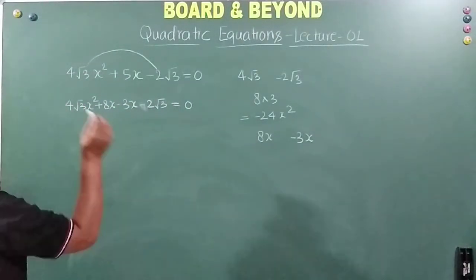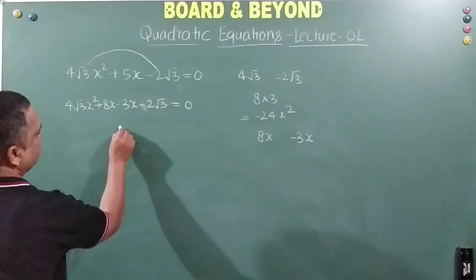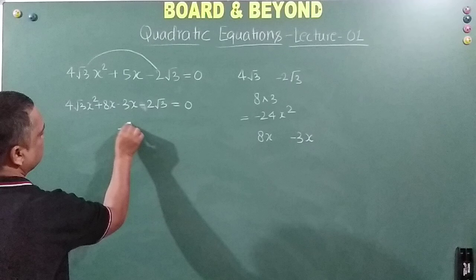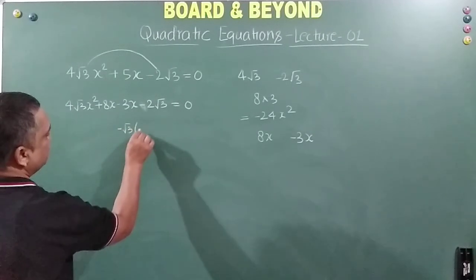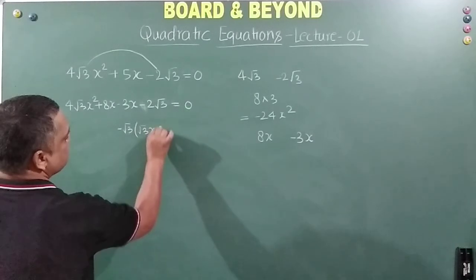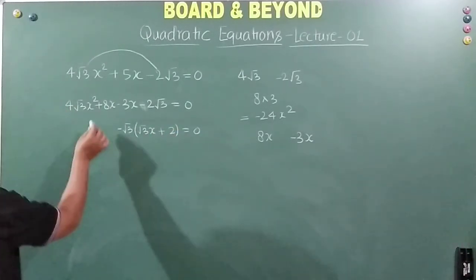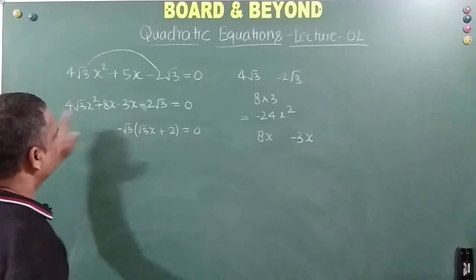First we will take root 3, so minus root 3. This leaves me with root 3x plus 2.